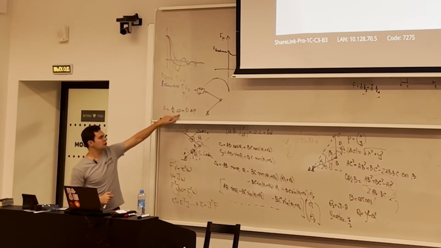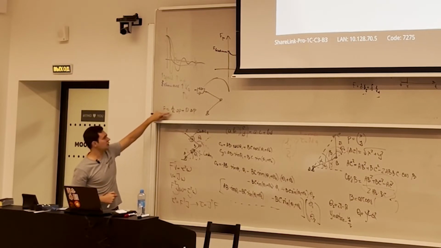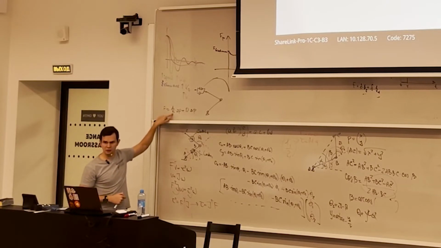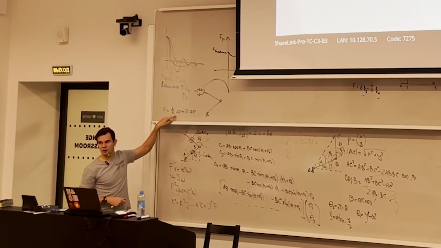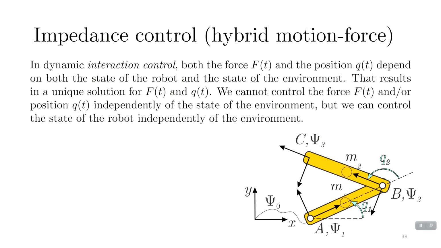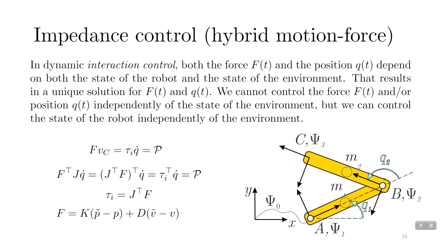Here delta p is a vector of 2, px and py. So k, you can have a scalar here, but it will be just the same coefficient for the x and y, or you can use different numbers for different axes. So just like this.